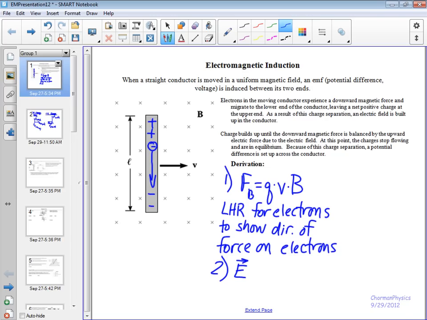We have this little bit of a difference here between both ends. What we notice is that after a while, that magnetic force pushing those electrons is going to be balanced out by the force of attraction between the oppositely charged ends. When that happens, move up here.